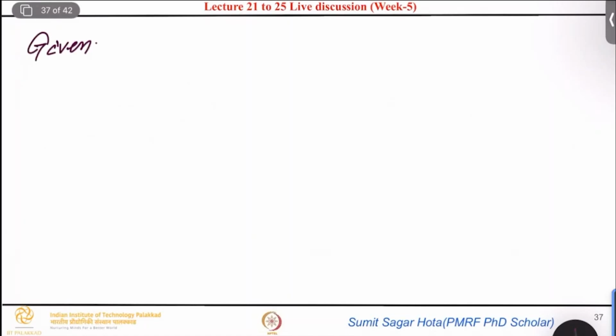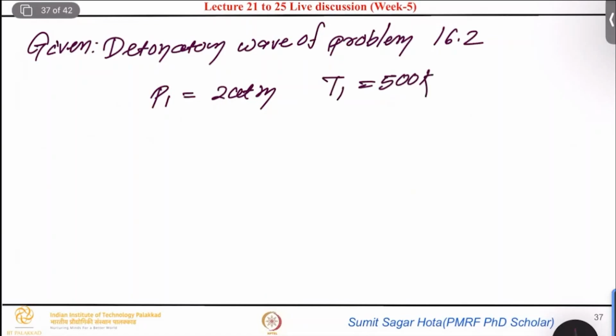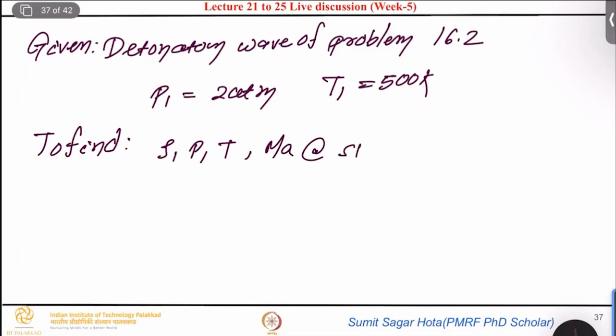Now what are the things given? The detonation wave of problem 16.2: P1 is equal to 2 atmospheres and T1 is equal to 500 Kelvin. To find rho, P, T and Mach number at the states 1, 2 dash and 2.